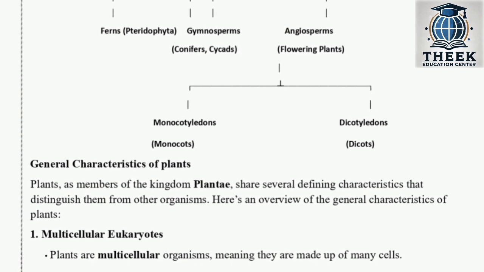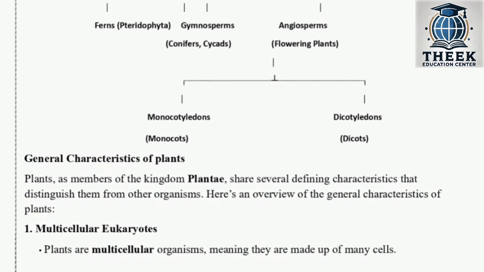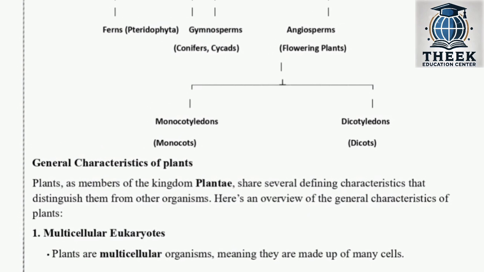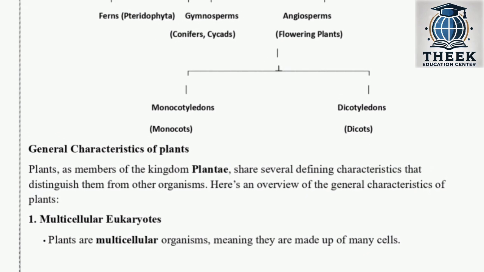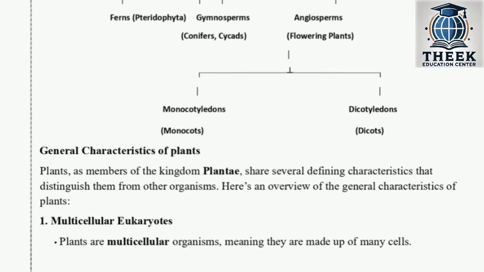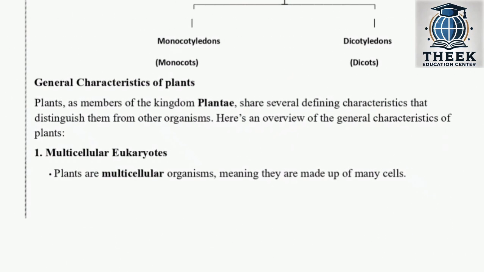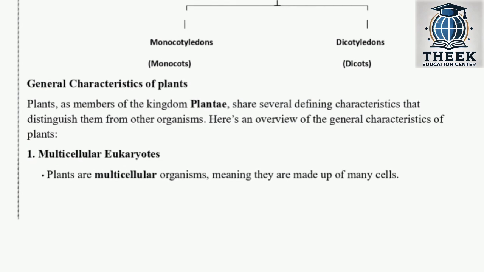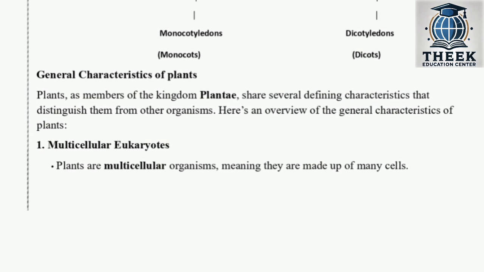The spermophytes, or the seed-bearing plants, are further divided into 2: the gymnosperms, which include the conifers, the cycads, and the ginkgos, and the angiosperms, which are the flowering plants.